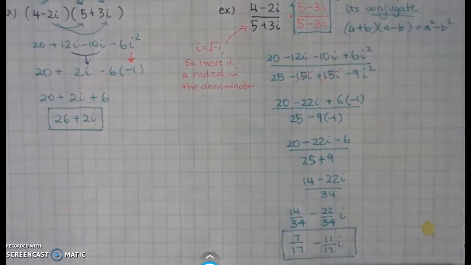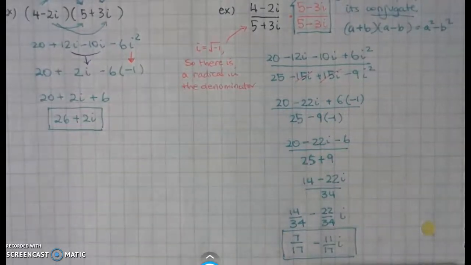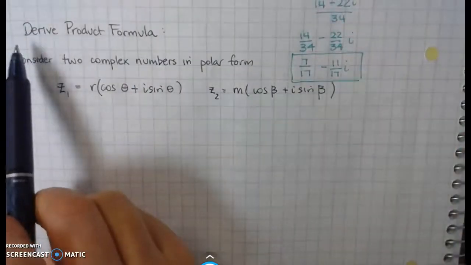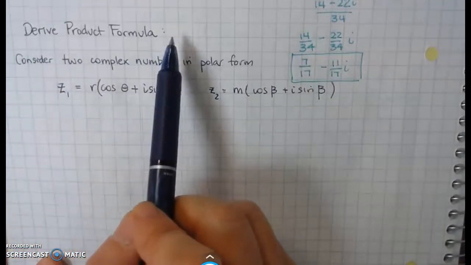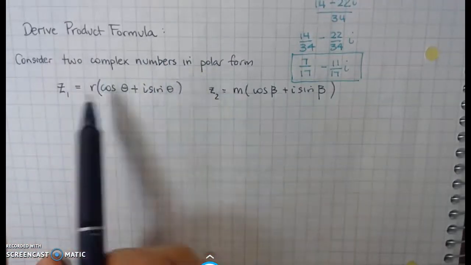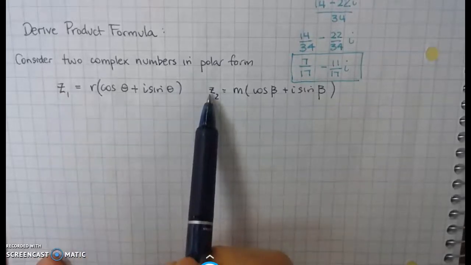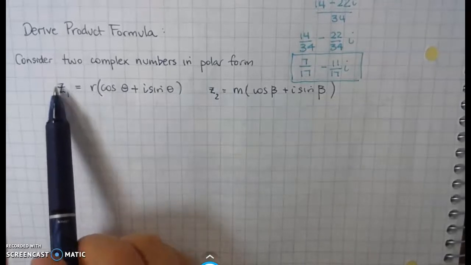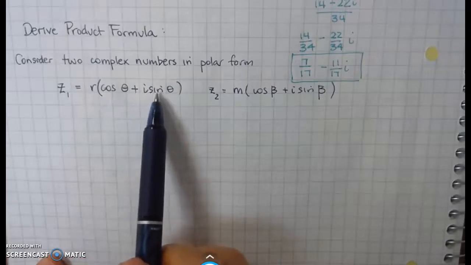Great. So now let's see how it works when we are dealing with multiplying and dividing complex numbers in polar form. So now we're going to try to derive the product formula for multiplying complex numbers. To do that, let's consider two complex numbers in polar form. If I say first complex number, and you often use z to represent a complex number, z1 is r cosine of theta plus i sine of theta.